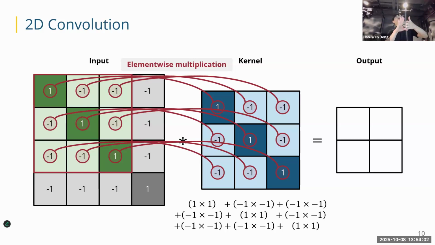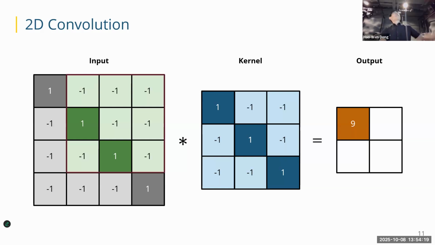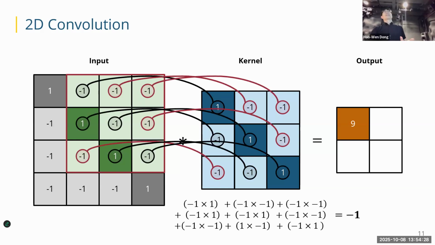If there's a perfect match, everything should be positive times positive, negative times negative, so it should be the maximum value. In this case, it will be 9. That's the maximum you can get, assuming everything is just 1 or negative 1. But once you slide to a different part of the image, now this is not a perfect match, and some of those would cancel out, so you get a negative 1.